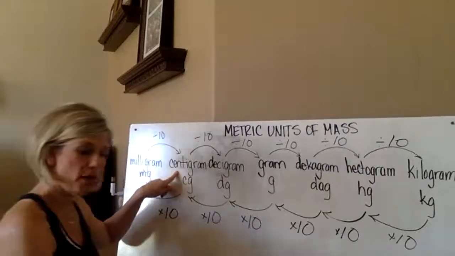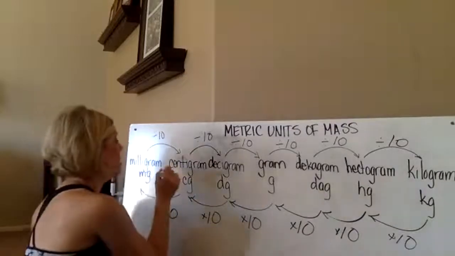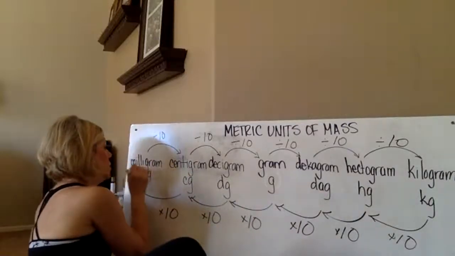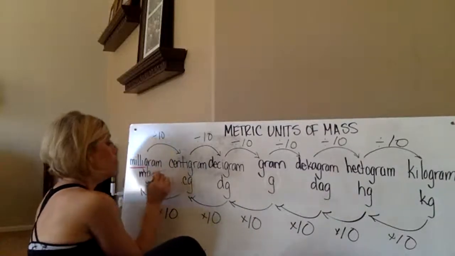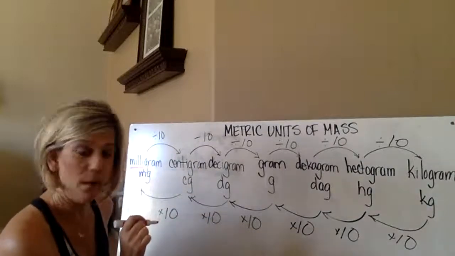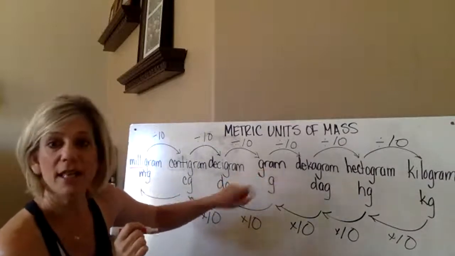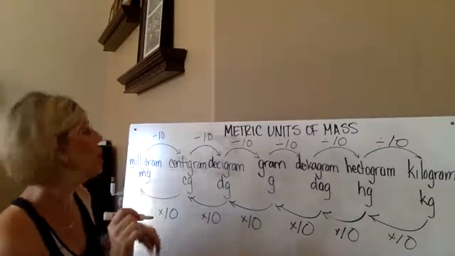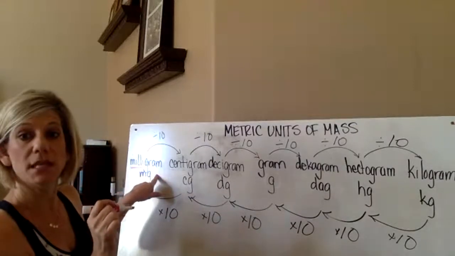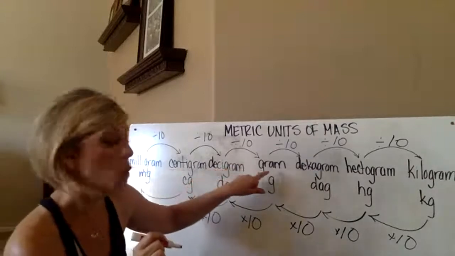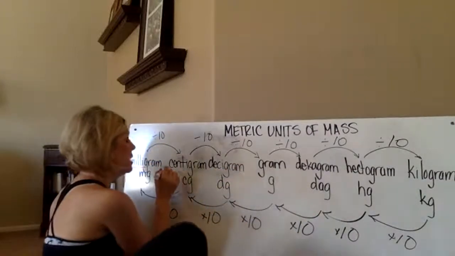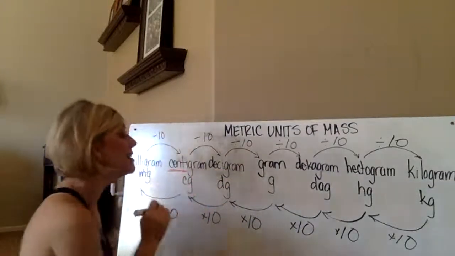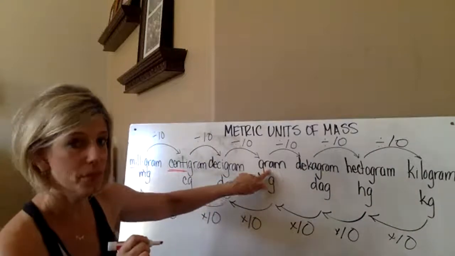Centi is going to be our same prefix here. So milligrams, if you recall, there were 1,000 millimeters in 1 meter. Same thing here. There are 1,000 milligrams in a gram. Centigrams, there are 100 centigrams in 1 gram.